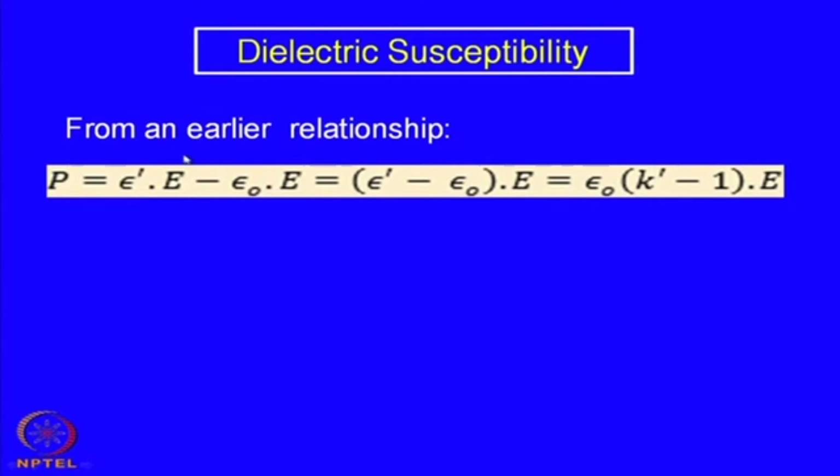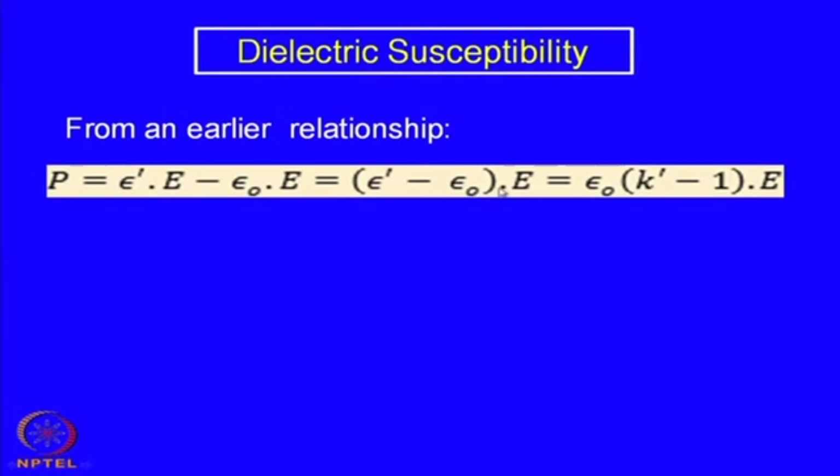This is the total effect, that is epsilon prime into E, from which we subtract the so-called vacuum contribution. If you subtract the quantity of the polarization of the vacuum from the overall polarization, that is actually the polarization of the solid.